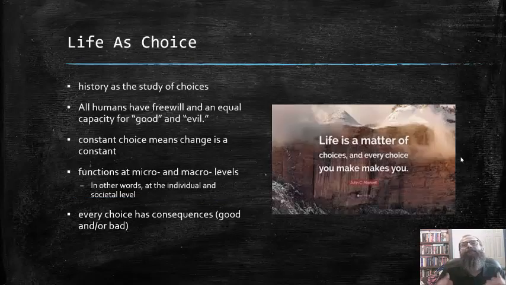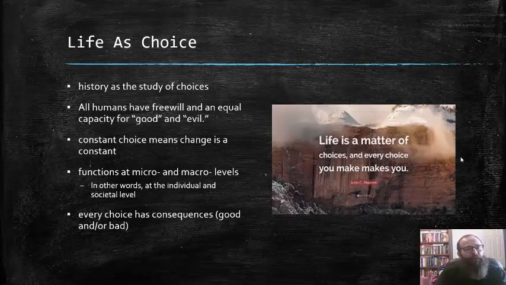First, life as choice. Now, we talked about in the What is History presentation that history can be viewed as the study of change over time. Well, another way to think about it is history as the study of the choices that humans make through the course of that change over time.